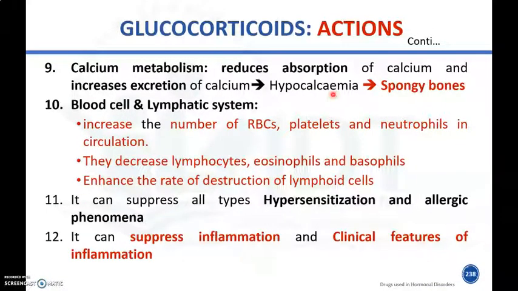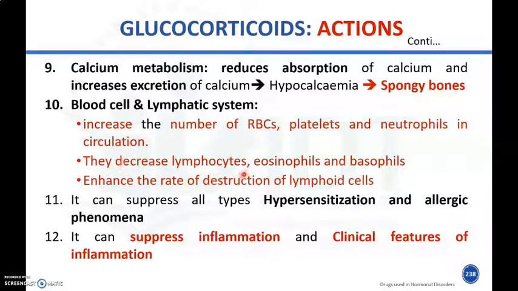Now in case of calcium metabolism, glucocorticoids will reduce the absorption of calcium as well as increase the excretion of calcium. So it will lead to hypocalcemia, decreased level of calcium in the blood. So it may cause different problems like spongy bones. There is a chance for breaking the bones due to this hypocalcemia. In blood cells and lymphatic system, it will increase the number of RBC, platelets and neutrophils in circulation.